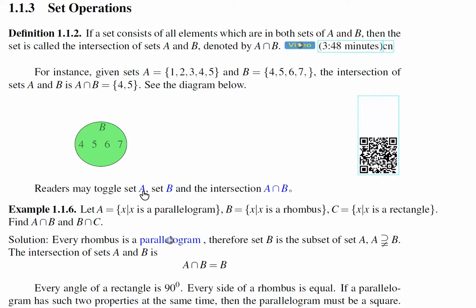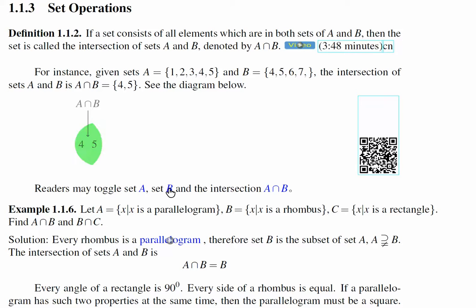You see, we click A, it shows up. So 4, 5, this common part, if you click on A intersection B, that will be the intersection of A and B. So basically we say this overlapped part of A and B, or this area shaded twice, will be the common part of A and B. So you click A, it disappeared.